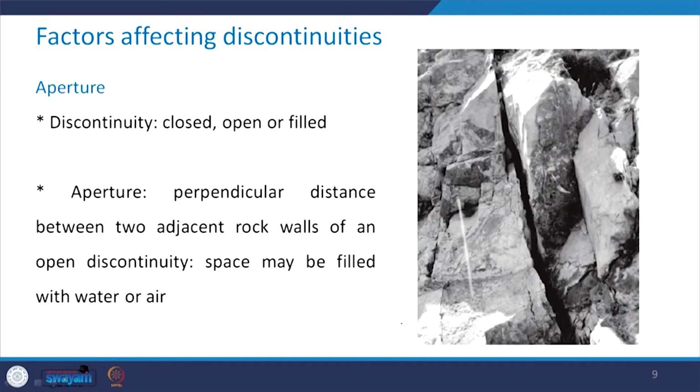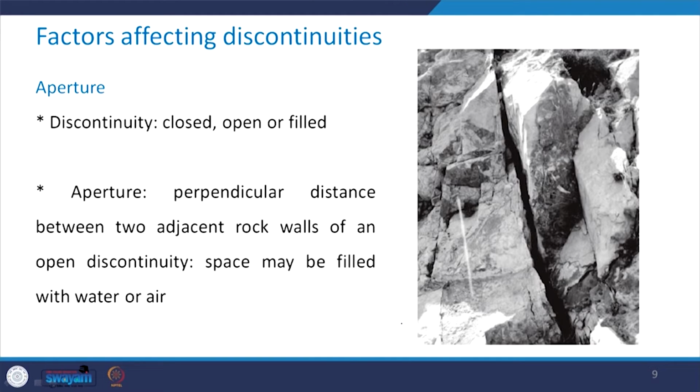The next factor which influences the discontinuities is aperture. Now, a discontinuity can be closed, open or filled. I have shown you a filled discontinuity earlier in the previous class.